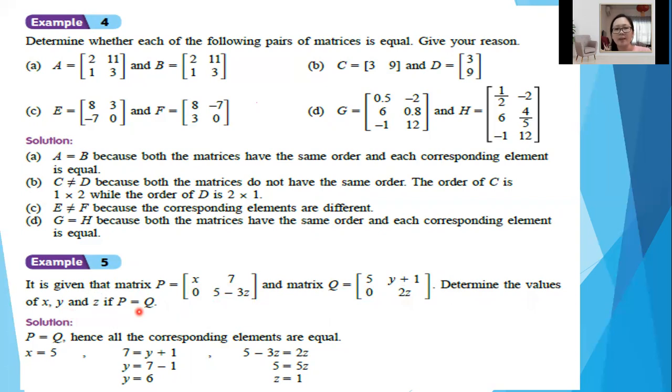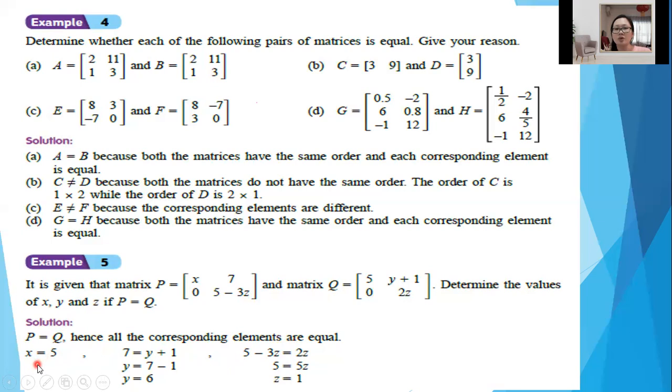So how to solve them? Remember, they have the same corresponding elements. So x equals 5. 7 equals y plus 1. 0 equals 0. 5 minus 3z equals 2z. So we will write them out separately to solve for x, y, and z.